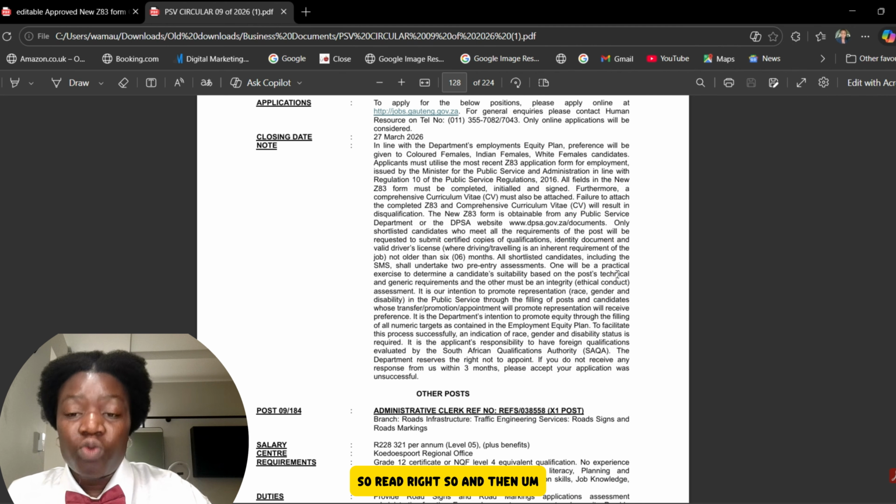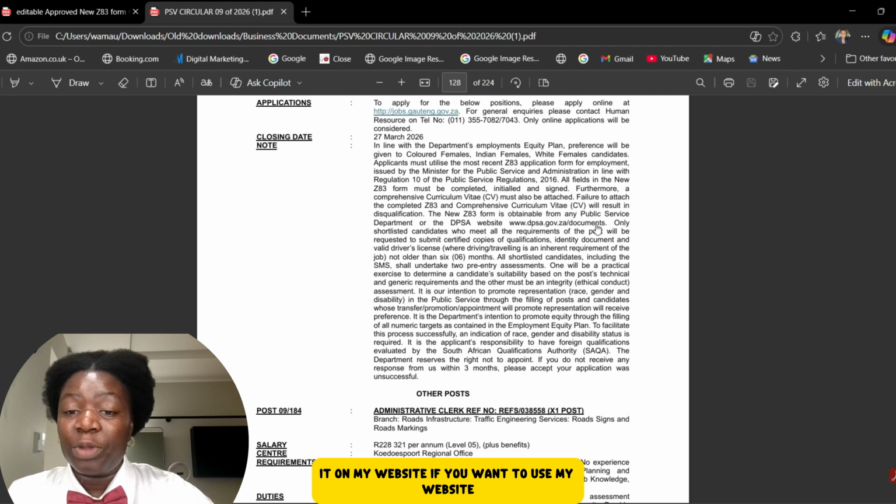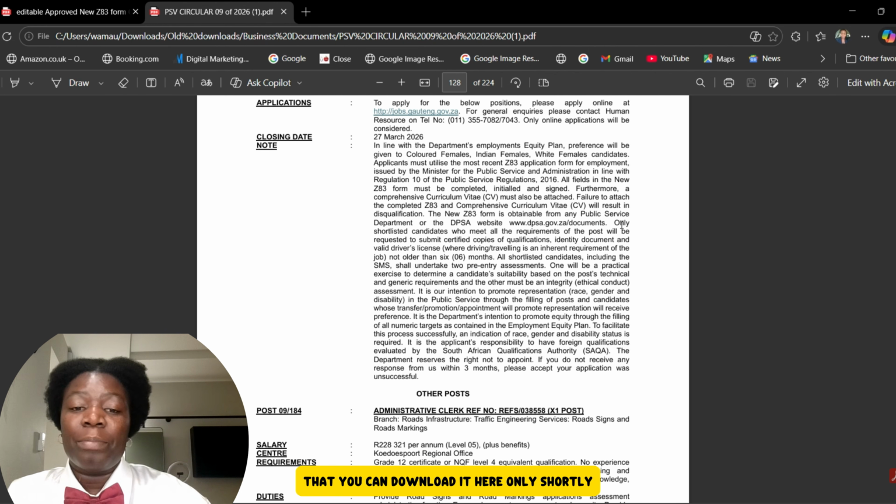Okay, so read. Right, and then they say the new Z83 form is obtainable from the Public Service Department or the DPSA website. This is where you can download the Z83 form, but I've also downloaded it on my website if you want to use my website so that you can get the rest of the documents. But you can download it here.